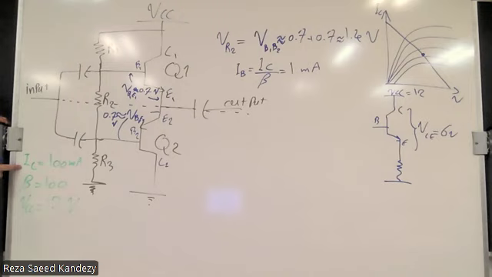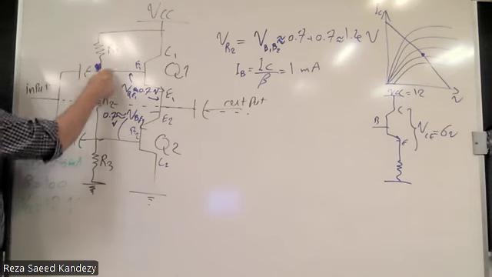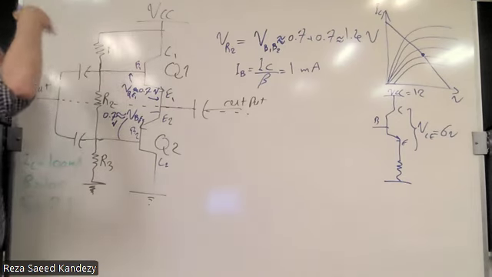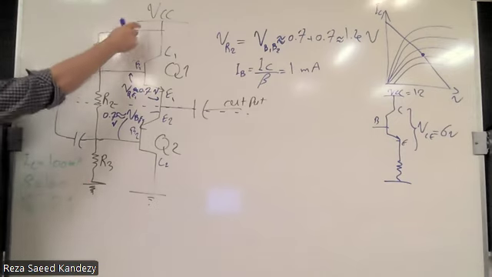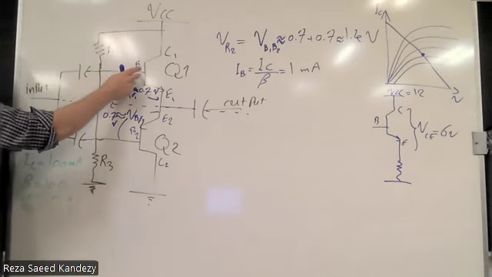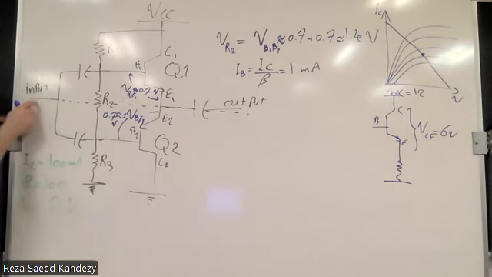In order to avoid that, we want to minimize as much as we can the effect of VCC here, so whatever this one sees is only the AC signal. Are we good? How can we do that?